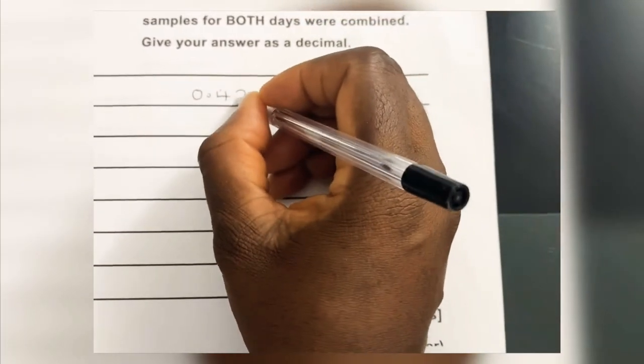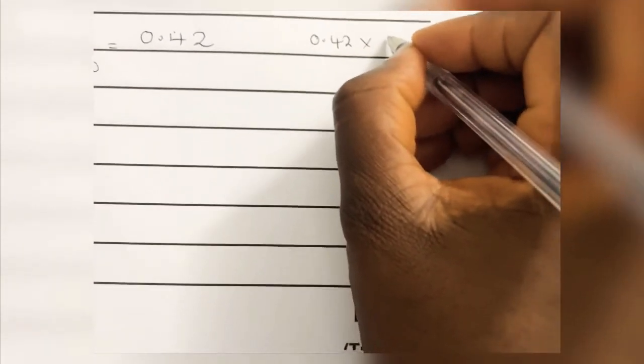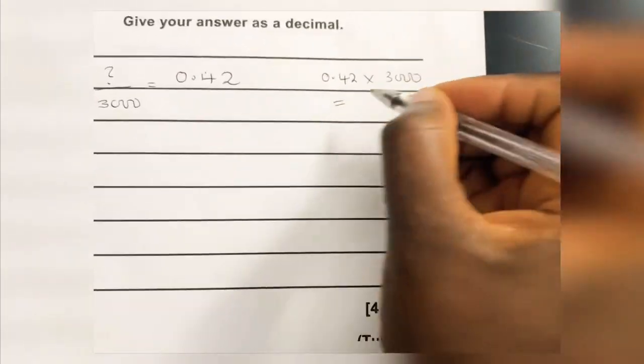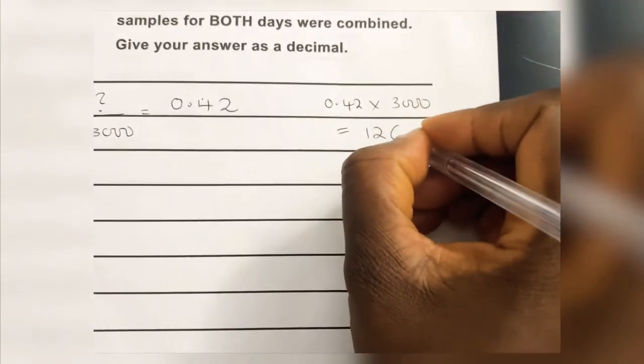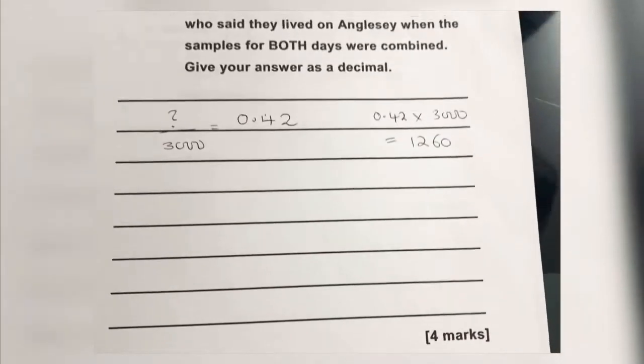Some number out of 3,000 gave us 0.42. To do that, if this is divide, then you have to use the inverse operation, which is multiply. So 0.42 times 3,000 is going to give you 1,260.